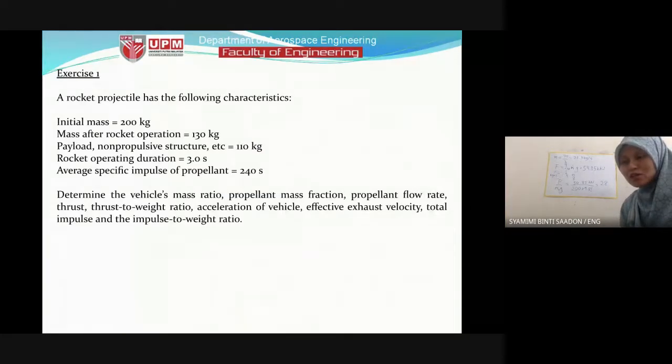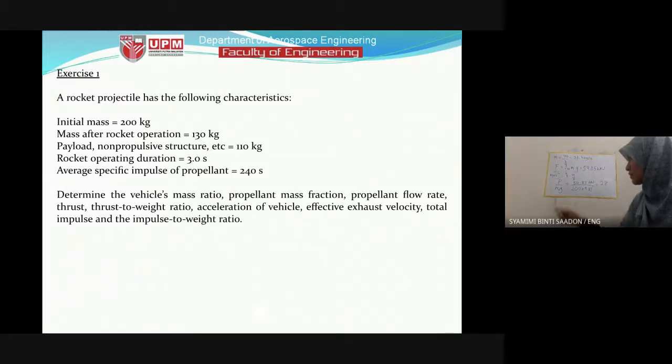Obviously we want to achieve as high a value of this thrust to weight ratio as possible, so that with a limited or minimum weight of the rocket body, we can produce high thrust. So the higher this value, the better.